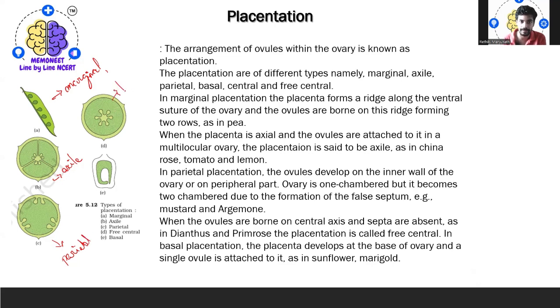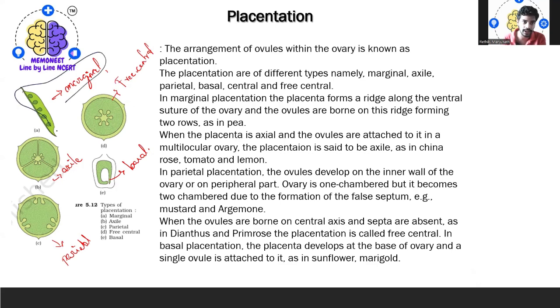And this one we can call free central, as the ovules are located centrally. And this is basal. So what happens if I'm talking about the marginal?